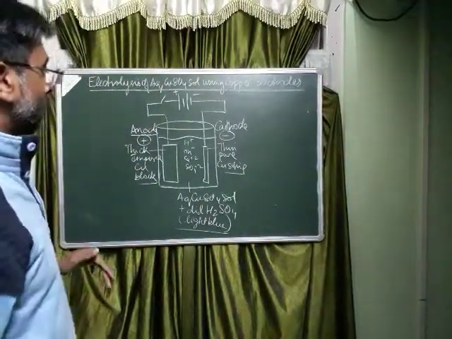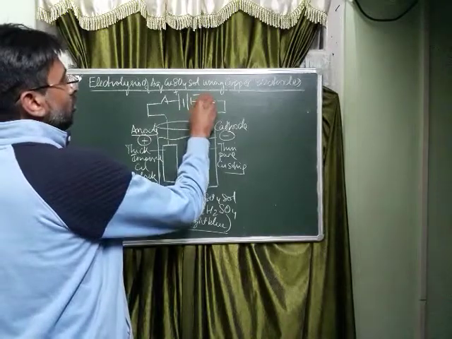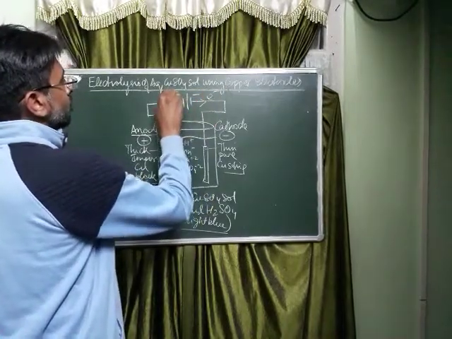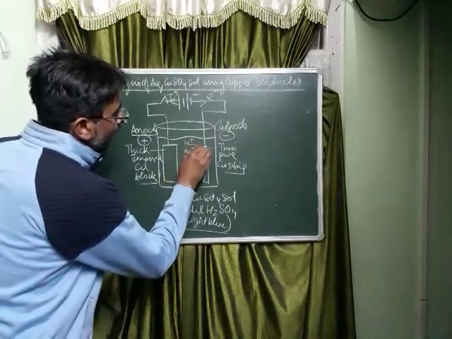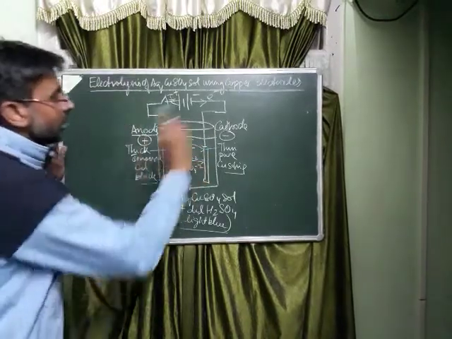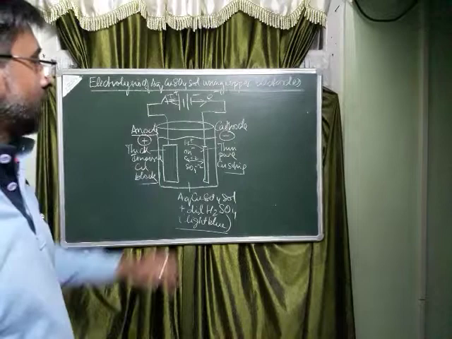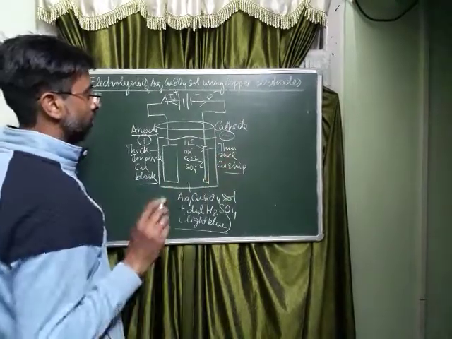Now when the switch is put on, the electrons move this way, current starts to flow, and then the ions, that is the cations, hydrogen and the copper, move towards the cathode, which is a thin pure copper strip.